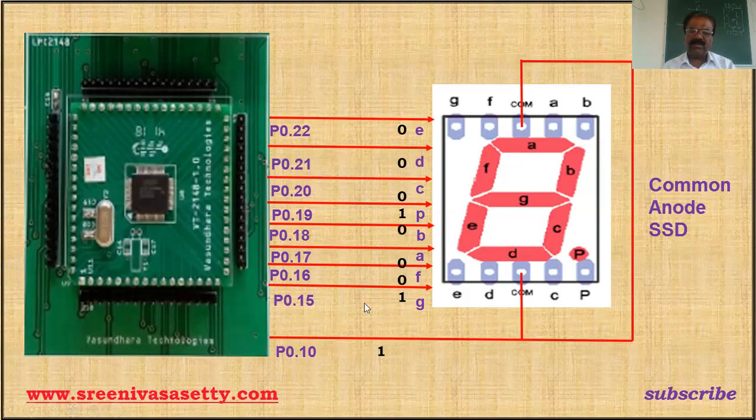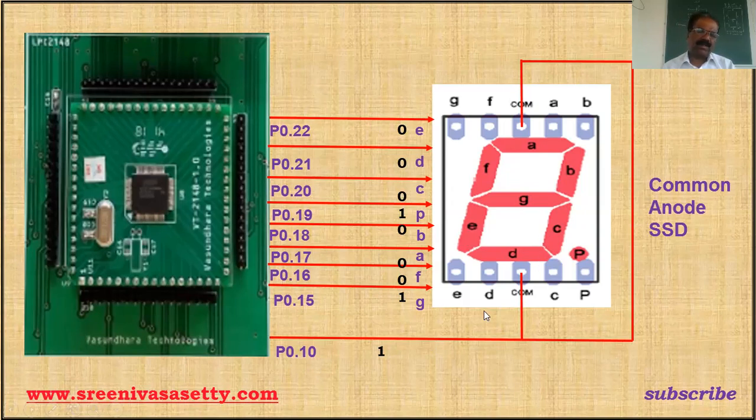Then after this, we have to place the appropriate 7-segment code starting from P0.15 to P0.22. Then only we can see the appropriate number on this 7-segment display. Suppose we place the 7-segment code for 0, then we can see 0 on this. If it is the code for 1, then we can see 1 on this particular display.